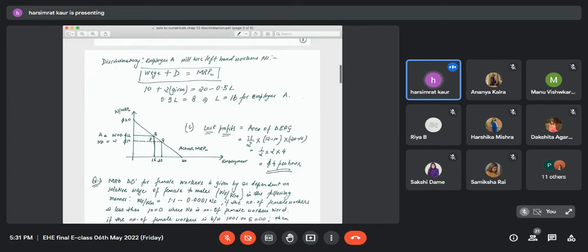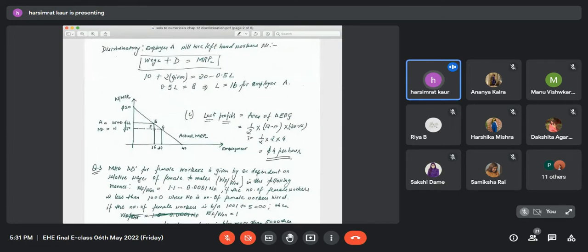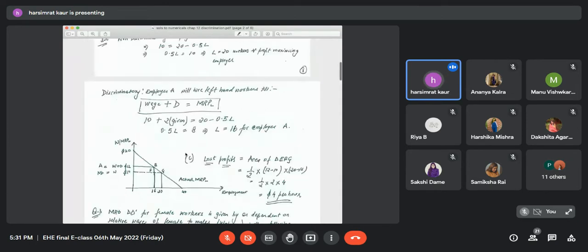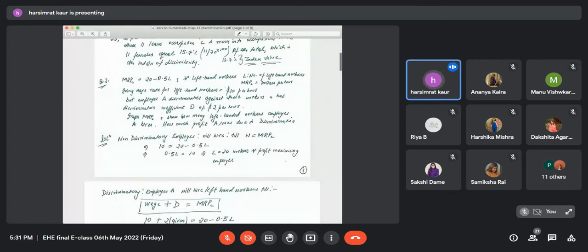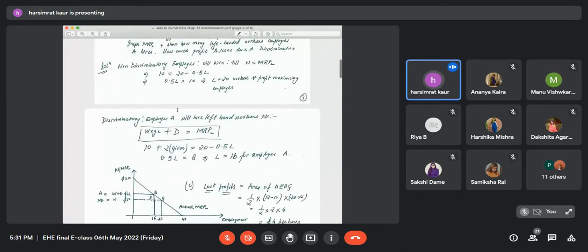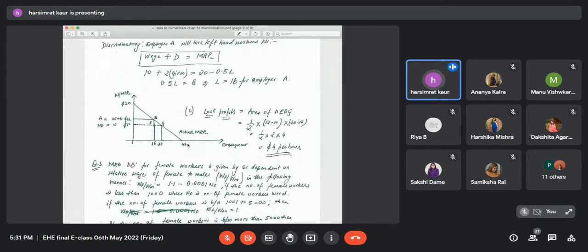Once we have these values of L and the wage he is actually paying, we can figure out how much discrimination he's doing, or what the dead weight loss is. So very carefully see the diagram itself. For the MRPL curve, you can find $20 on the wage axis and 40 on the L axis, using this equation: when L is 0, we have 20, and when wage is 0, employment would become 40.